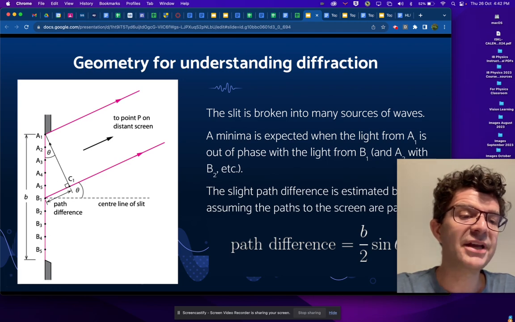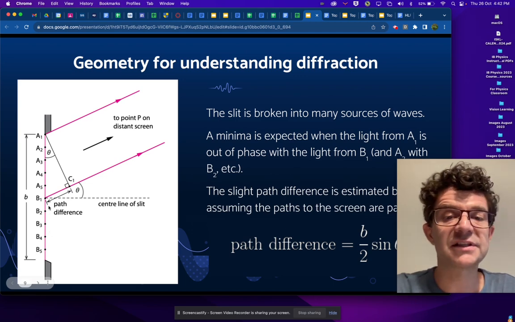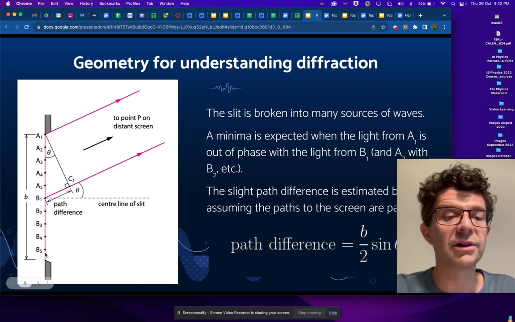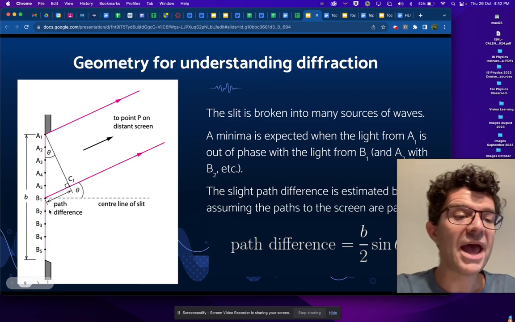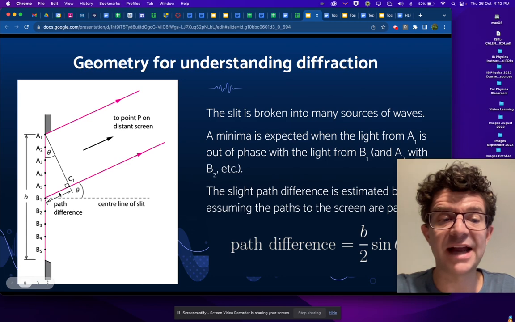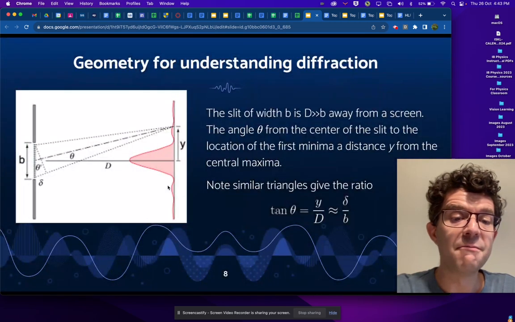And so every source from the top half of the slit has a source that it interferes with destructively in the bottom half of the slit. And so because all the light from the top half interferes destructively with all the light from the bottom half, when this path difference is equal to half a wavelength or 1.5 wavelengths, this is the origin of those minima.